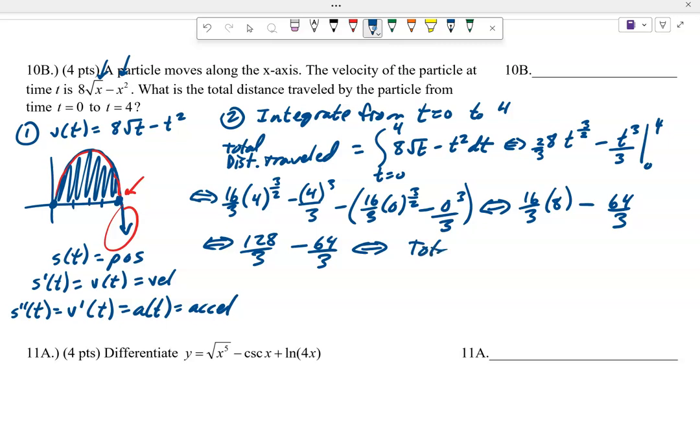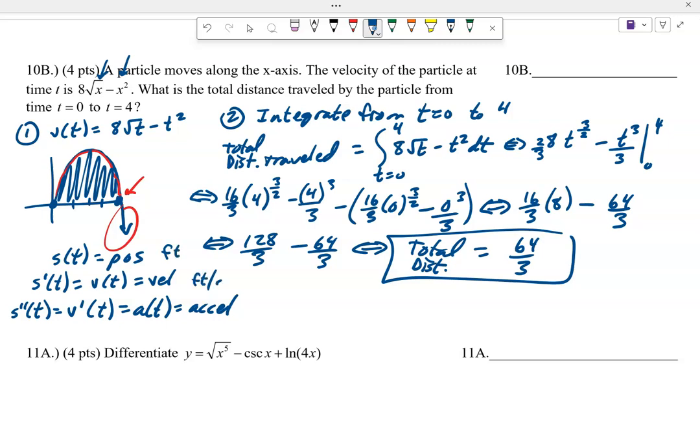So the total distance traveled, since it all stayed above the x-axis from 0 to 4, is just straight up 64 thirds units, in whatever our units are, feet, meters, whatever. If we are in feet, that'd be feet. Velocity would be feet per second, and acceleration would be feet per second squared.